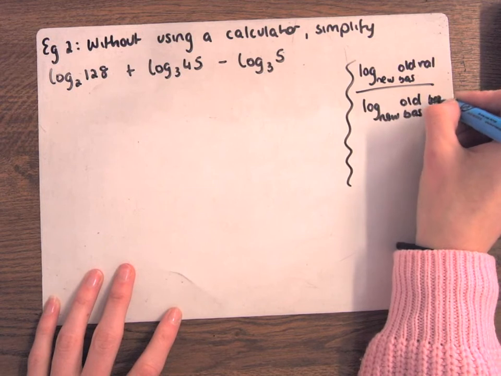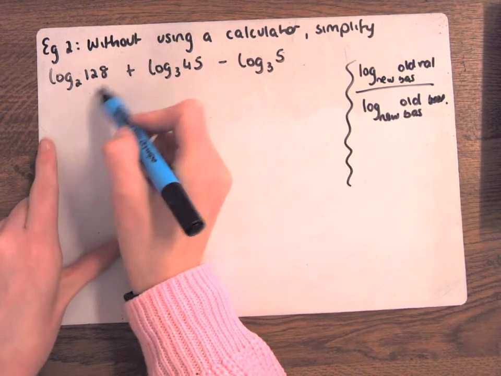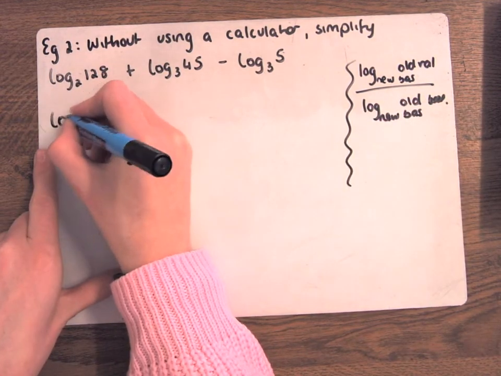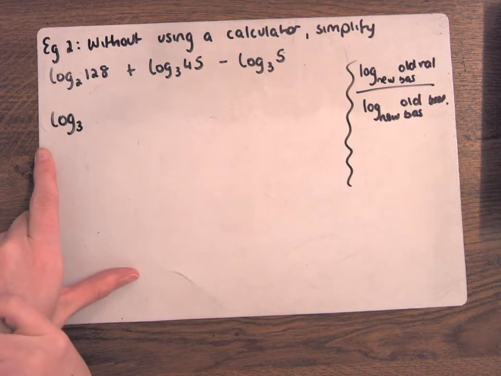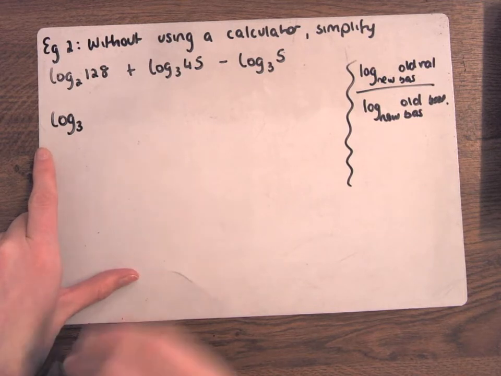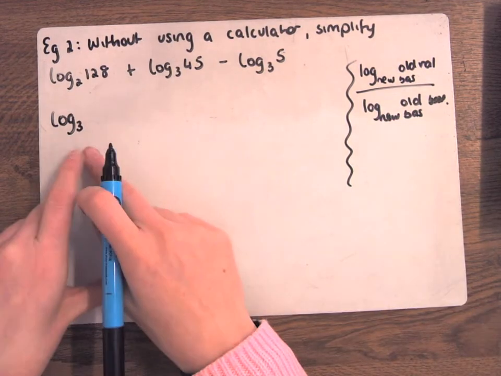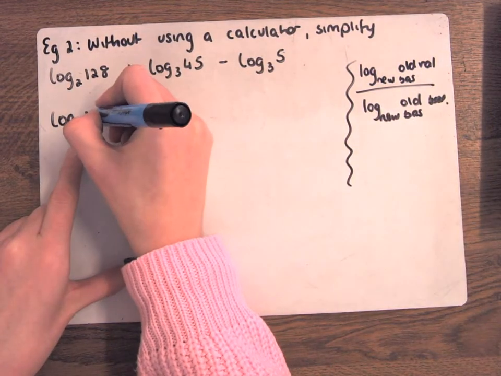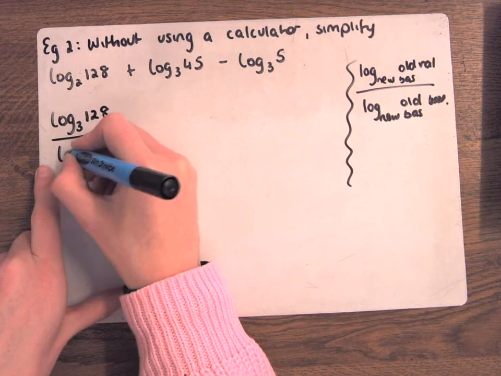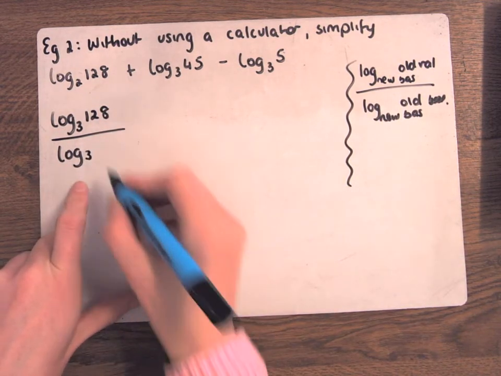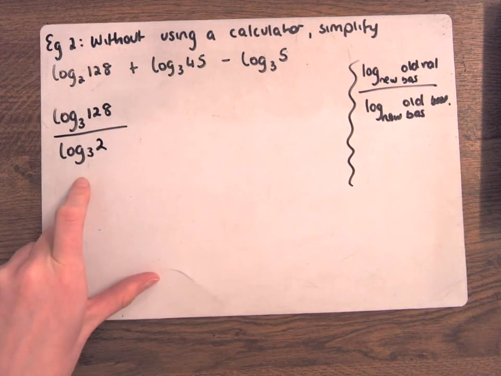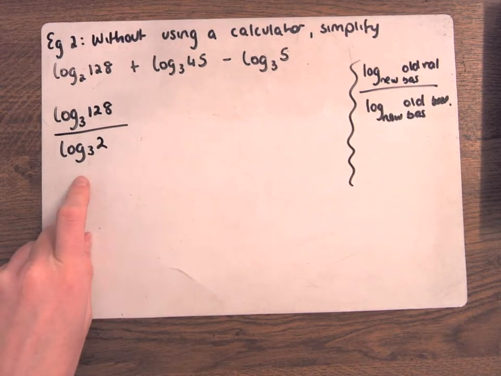So I'm changing this to be log to the base 3 of the old value, 128, over log new base, old base. This is probably prolonging things, but anyway.